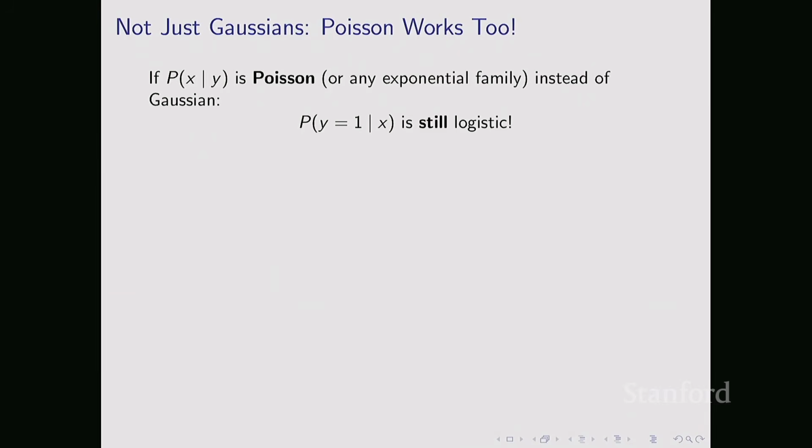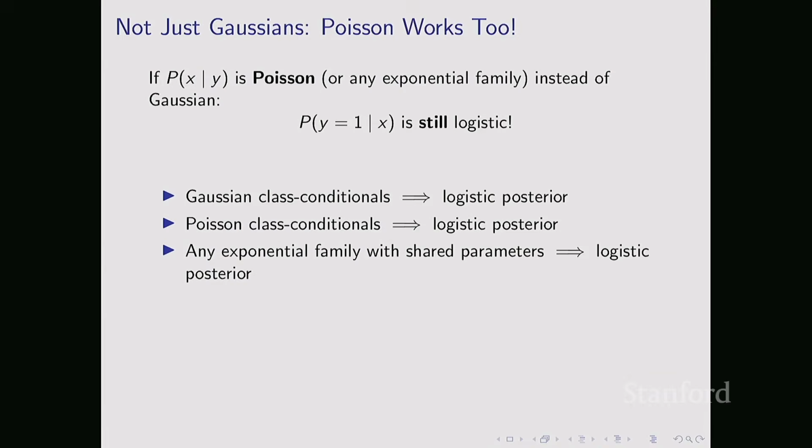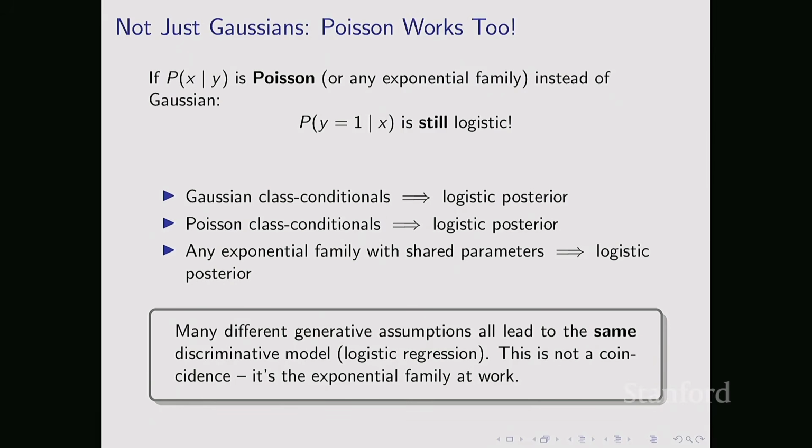Now it turns out, I won't prove this either, that it's not just Gaussians. It's also other exponential families: Poissons, shared parameters, all the rest. Many different generative assumptions on your data lead to the same discriminative model, logistic regression. And it's not a coincidence.